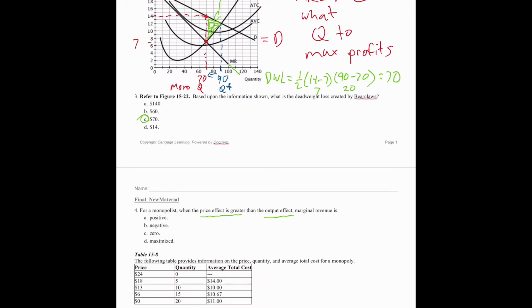So then whenever the price effect outweighs the output effect, then we know that our total revenue is actually falling, right? Because the price effect is the revenue lost from lowering the price.